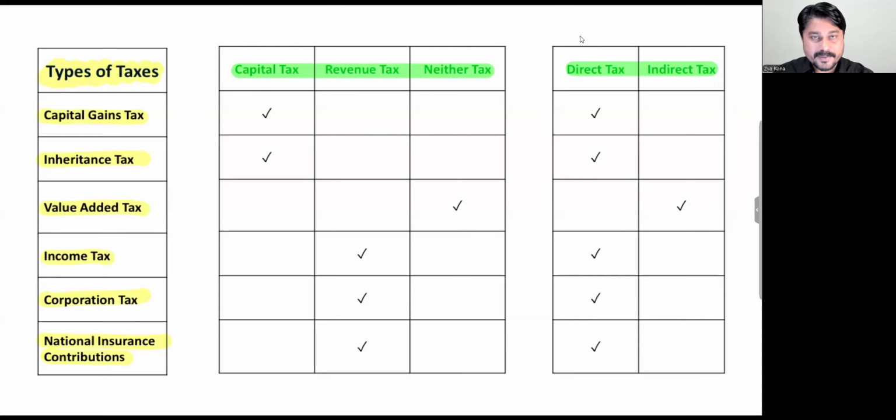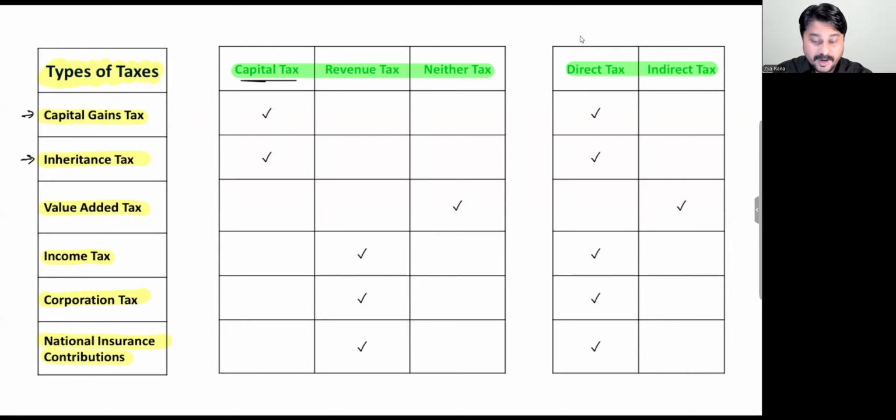Let me explain capital tax. Any tax which is due to any non-current asset, that is capital tax. For example, if a taxpayer disposes of any non-current asset, capital gains tax is applicable, and at time of death, when the estate assets are transferred to other persons, then again in both of these non-current assets are involved, and whenever there is a tax which is due to non-current assets, that is a capital tax, right?